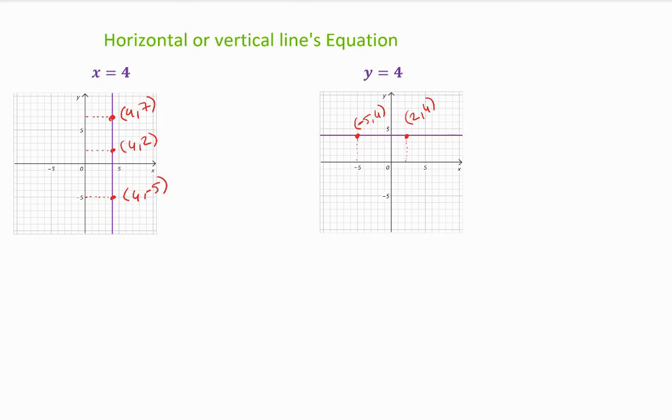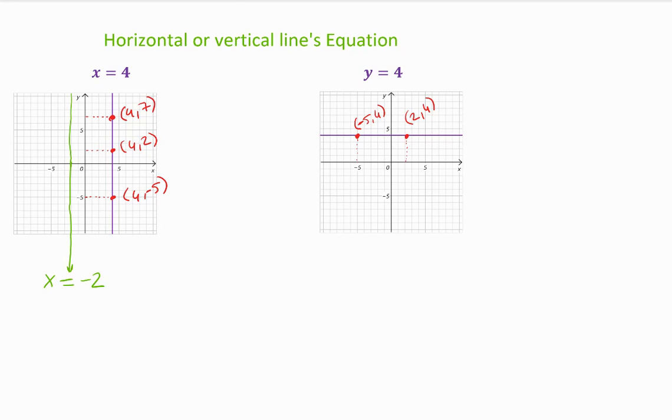Okay, so let's say if I have x equals negative 2, how can I graph it? Since x is negative, it will be on the negative side here. So I need to draw a line like that.